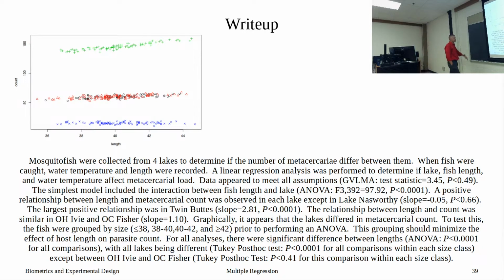I explained how I grouped by size. Again, if you have a reviewer, sometimes they're going to want it. Other times not. And if our assumptions are met and we get our subsets and we have significant terms, go ahead and use 2Ps.